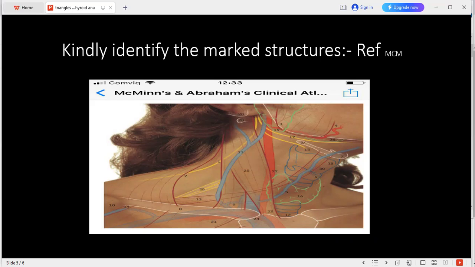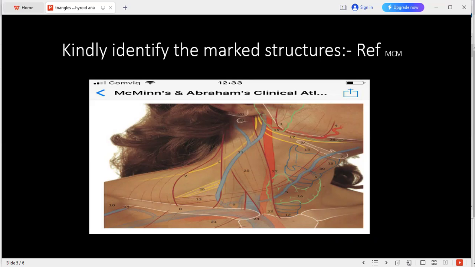It is found between the mastoid process and the lateral border of the sternocleidomastoid, as well as the two heads of insertion of the sternocleidomastoid muscle. The pulsations of the carotid artery are also felt, and it is present lateral to the carotid artery.